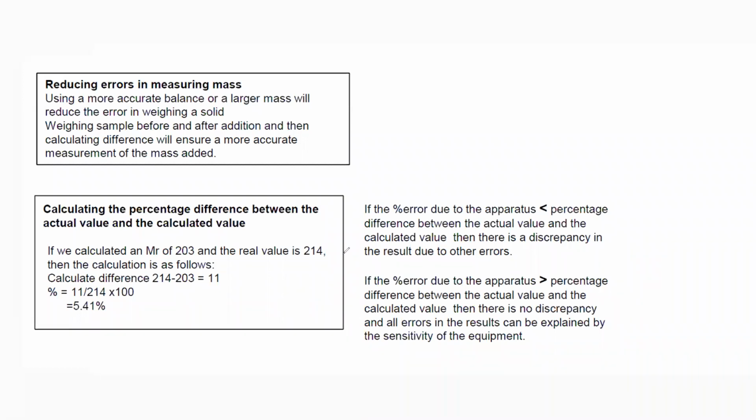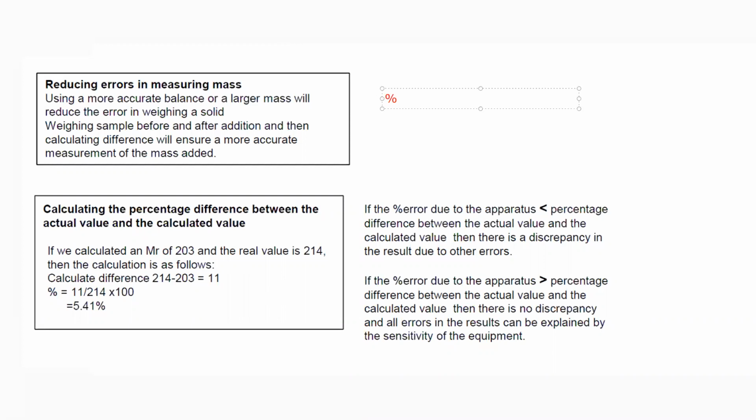Then how you can use the values to identify whether the error is due to the apparatus or is a random error. For example, if you calculate a percentage difference, how do you calculate it?